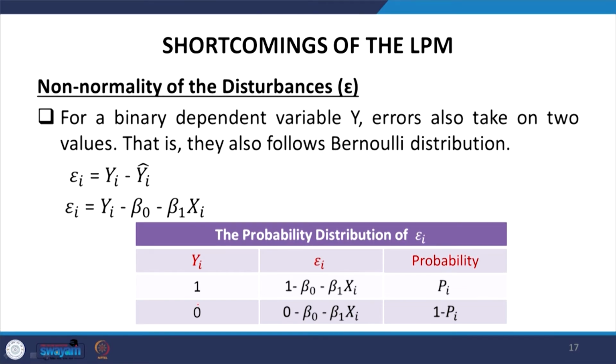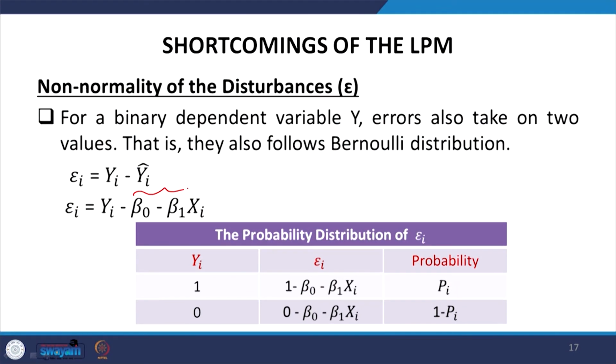So, let us calculate the error term. Error will be what then, the yi minus the estimated value of yi, or yi hat. We already said that yi hat is basically beta naught plus beta 1 x 1. If you just subtract it, we will get it for sure.